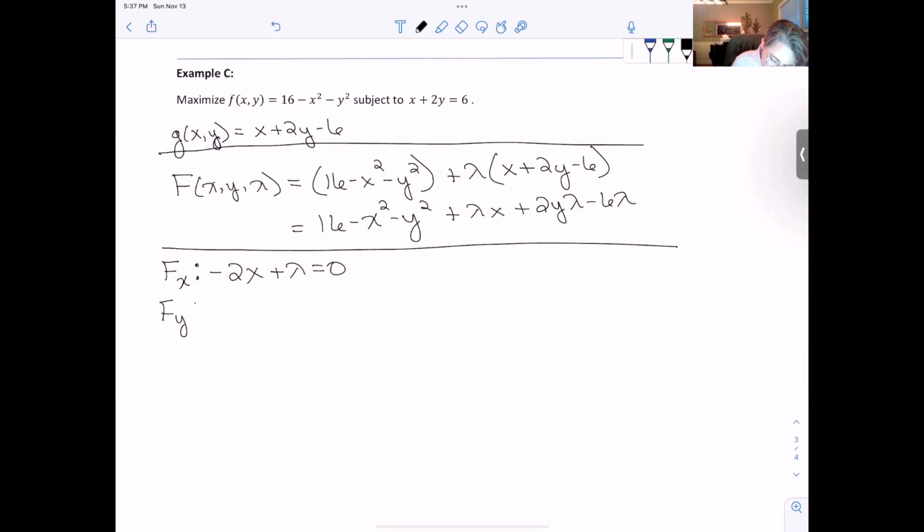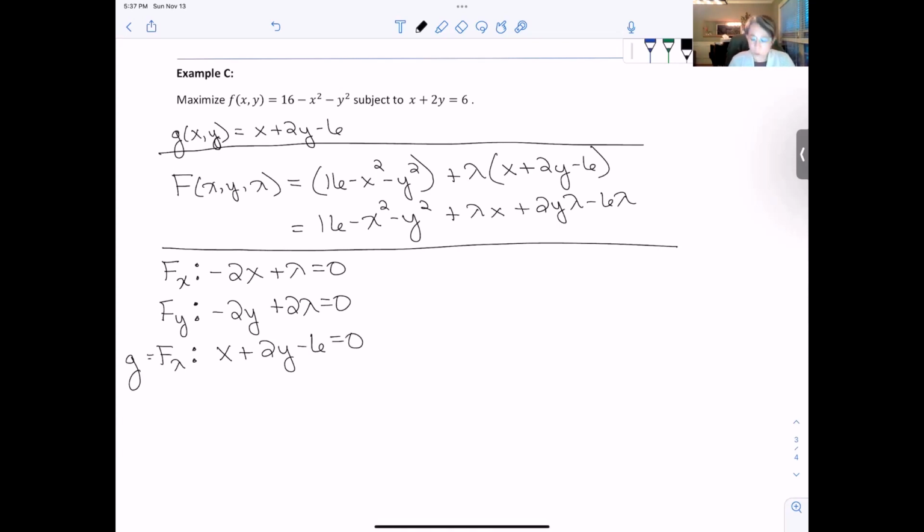Partial derivative with respect to y, negative 2y plus 2 lambda equals 0. And then the derivative with respect to lambda is just going to be our constraint, but that's okay. We would get x plus 2y minus 6 equals 0. So now we want to solve this system.